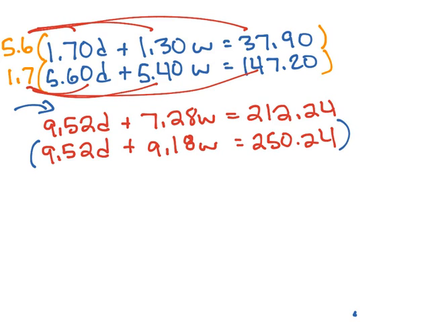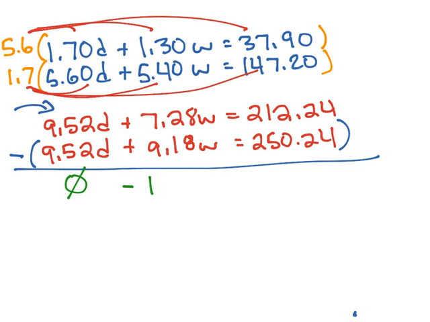To get rid of D, we'll subtract one from the other. 9.52D minus 9.52D will give us 0. 7.28W minus 9.18W will give us negative 1.90W. And 212.24 minus 250.24 will give us negative 38. We can continue on to solve by dividing.